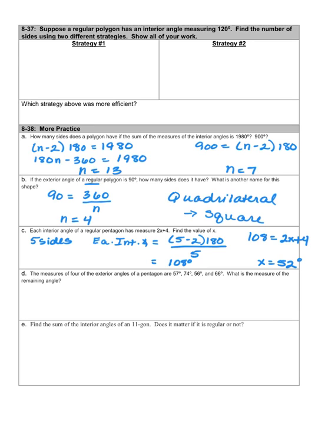In part D, the measures of 4 of the exterior angles of a pentagon are 57 degrees, 74 degrees, 56 degrees, and 66 degrees. We are trying to find the measure of the remaining angle. In a polygon, the exterior angles will always add up to 360 degrees.